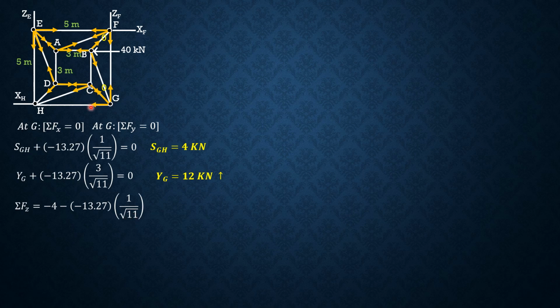Z component of distance is 1 over distance, square root of 11. So summation forces along Z is almost 0. So that means it is balanced.